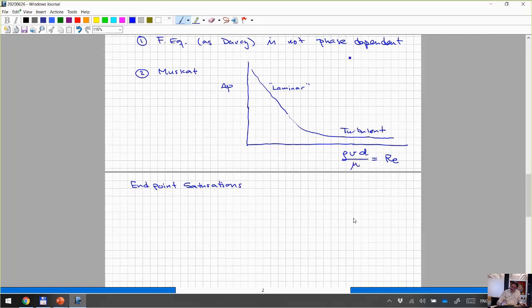What Muskat did was take flow through porous media data. He didn't say if it was gas or oil, though it was gas. He defined the diameter as the average particle diameter from a sieving exercise: they crush the sand and sieve it into different sizes, so it's some kind of average pore diameter.